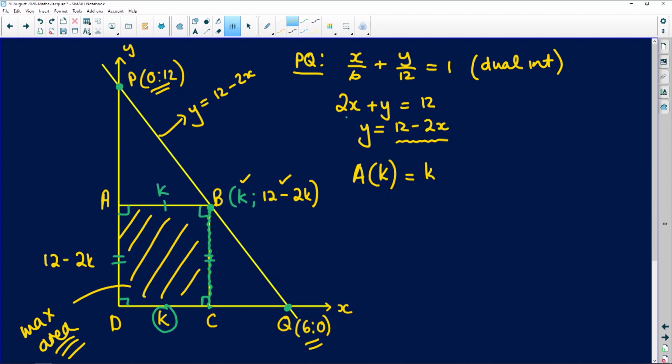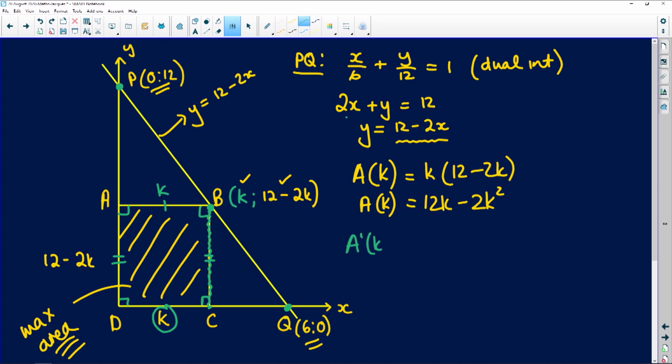Length times breadth gives you the area of a rectangle. So it will be K multiplied by 12 minus 2k, which gives us 12k minus 2k squared as the area in terms of k.